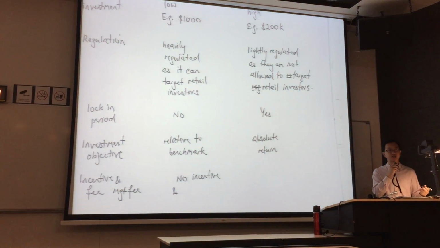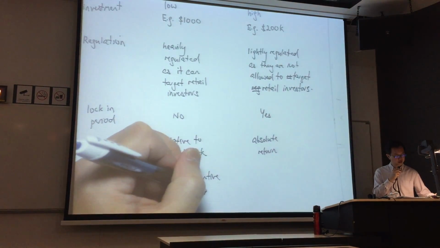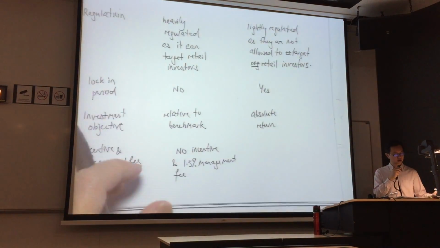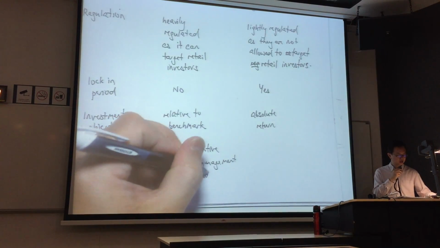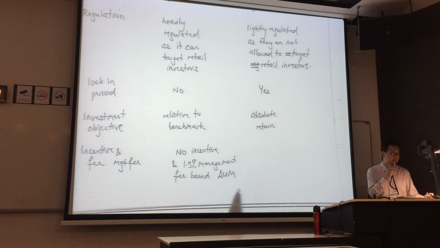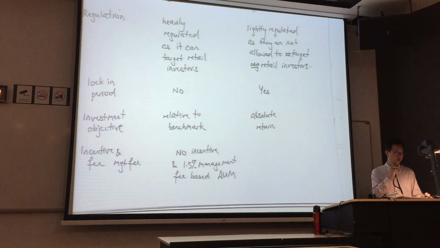And the management fee is around 1.5%, based on AUM. You often come across this AUM in the fund sheet or in the advertisement. This refers to assets under management. So the manager typically pays themselves around 1.5% annually, based on the assets that they are managing. And they don't usually charge an incentive fee for it.